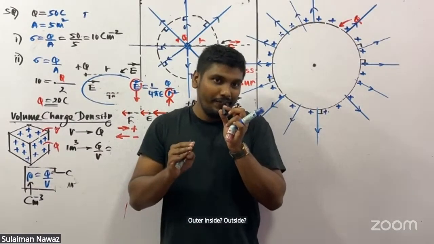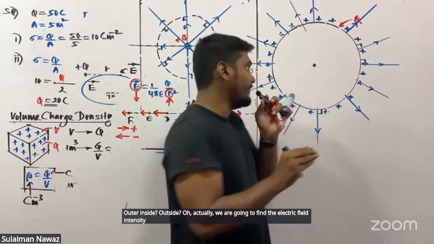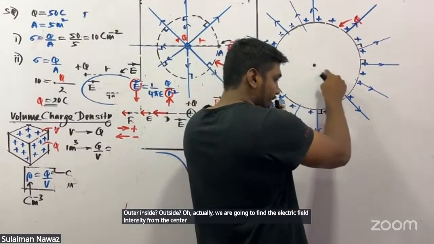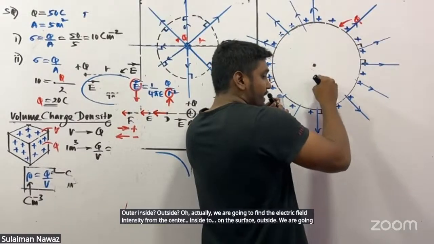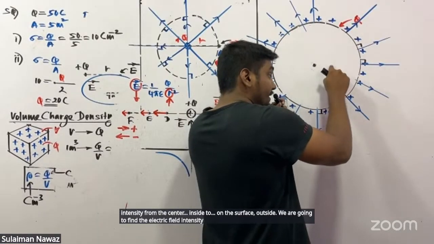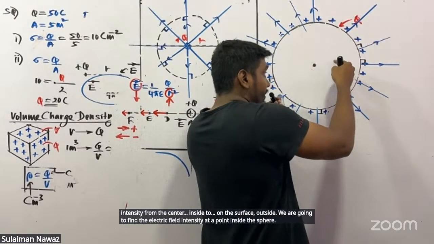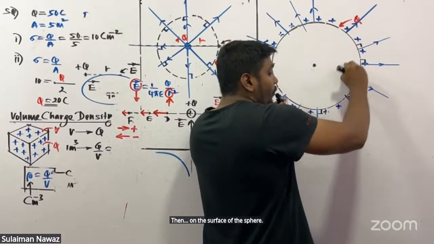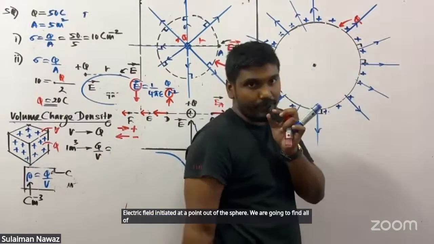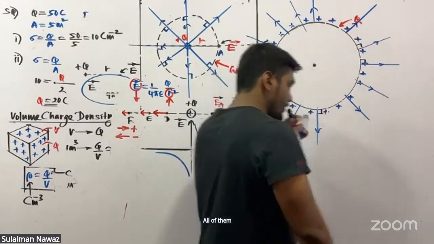Well, actually, we are going to find the electric field intensity from the center inside to on the surface to outside. At a point inside the sphere, at a point on the surface of the sphere, and at a point out of the sphere. We are going to find all of them.